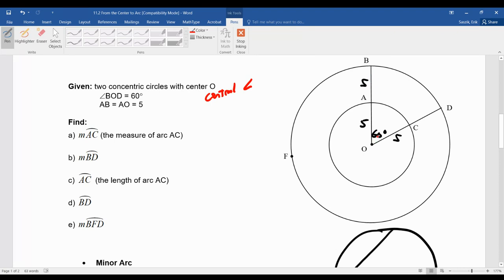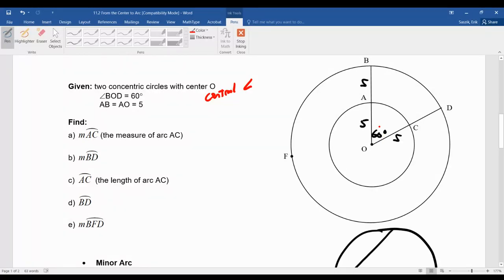So this angle down here, we've got concentric circles. That means they have the same center. This angle here is called a central angle. And this 60-degree angle is a central angle for this little circle, two radii, and the angle in between. It's also a central angle for this big circle, two radii, and the angle in between.